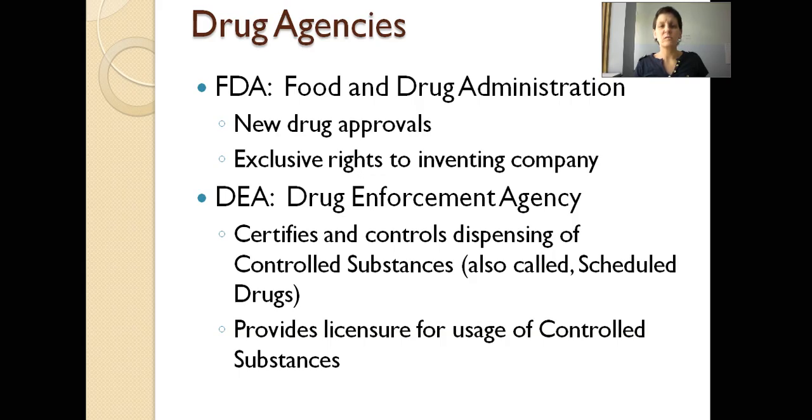Once those rights have expired, then other companies can make generic equivalents, which tend to be less costly to the pet owner. The DEA is the Drug Enforcement Agency, and they are responsible for certifying and controlling the dispensing of controlled substances, which are also called scheduled drugs. And they provide licensure for somebody to be able to prescribe controlled substances.